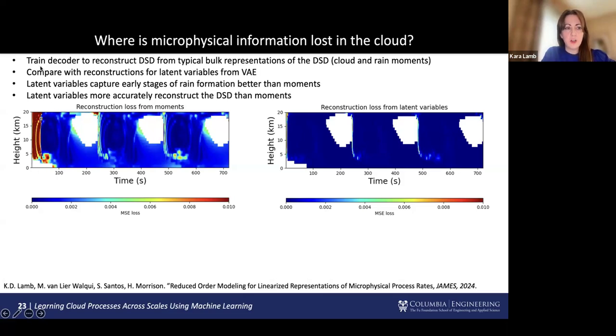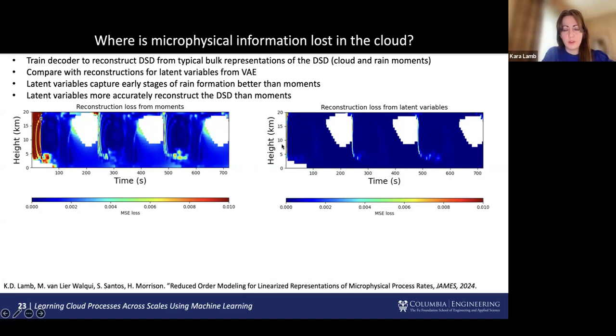So I'm going to train another model, which is going to learn to reconstruct the droplet size distributions from the cloud and rain moments. It has a very similar architecture to the decoder that was used for my latent variable reconstruction. What I'm showing here is the reconstruction loss from the moments for that case that I previously showed on the left, and then the reconstruction loss from the latent variables in space and time.